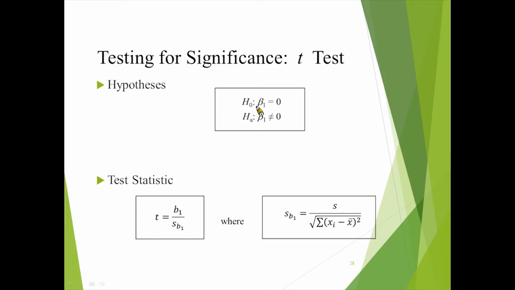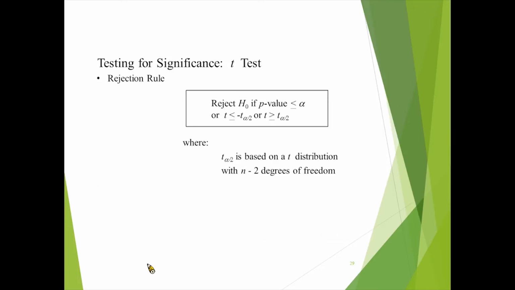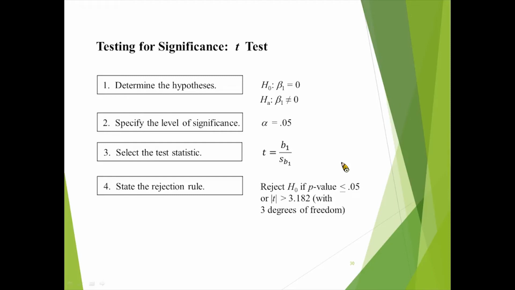H0 is beta 1 equals 0, and Ha is beta 1 is not equal to 0. The test statistic is t, and the rejection rule is to reject H0 if the p-value is less than alpha. So that is the t-test.